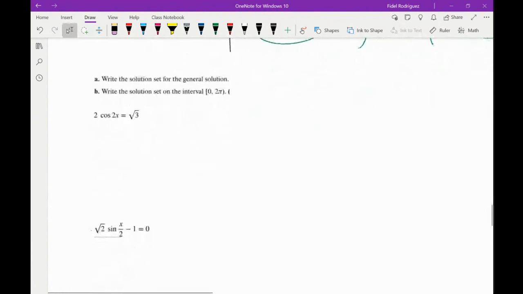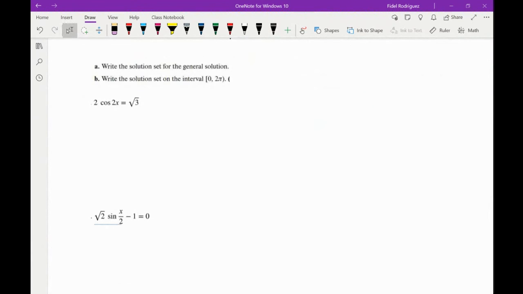Here it is. Let's do the same thing here, guys. Look what we're going to do. We're going to write 2 cosine 2x is equal to the square root of 3. So let's do the same thing we did before. We want to get the cosine of 2x by itself. So we're going to divide both sides by 2, and we're going to end up with the cosine of 2x is equal to the square root of 3 over 2.